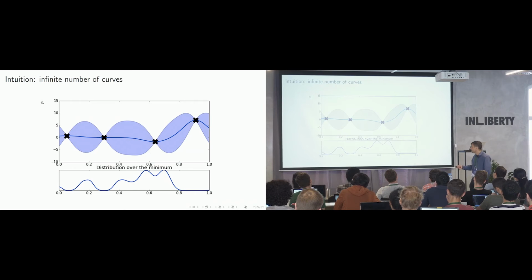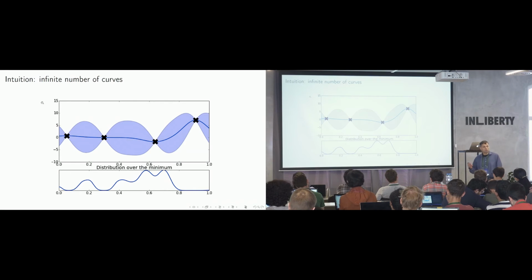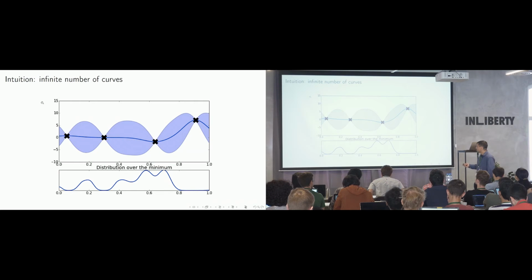And here I depicted the distribution of possible locations of the minimal value of the unknown function. And we see that exactly here, it is the highest probability that the minimal value is located.